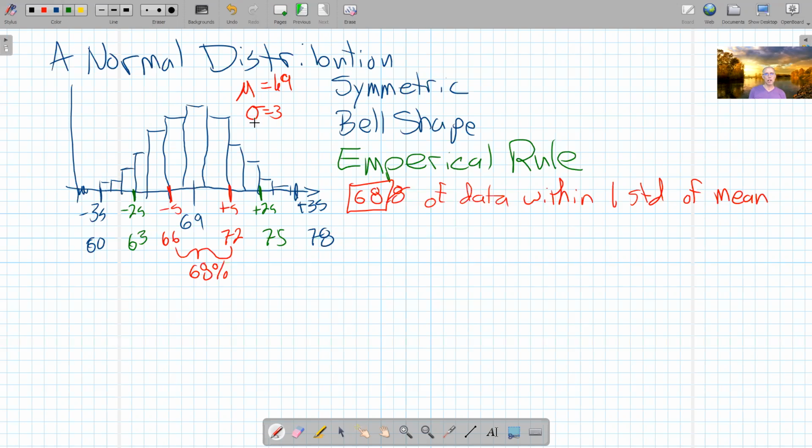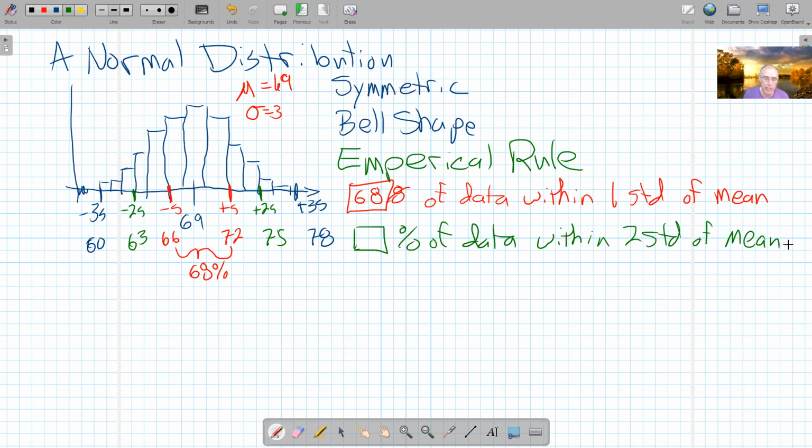If we then move on to say, okay, what percent of data is within 2 standard deviations of the mean? Does anybody remember that one? 85%, I don't know.